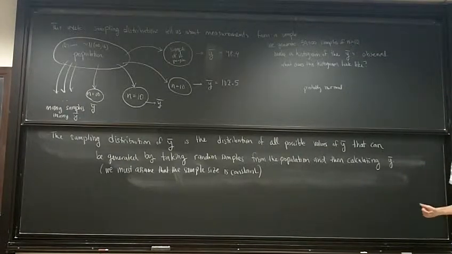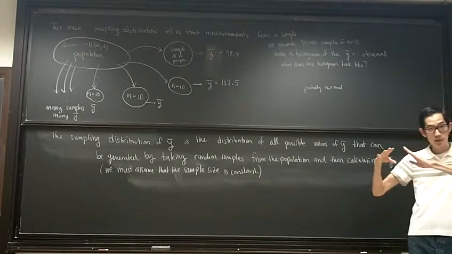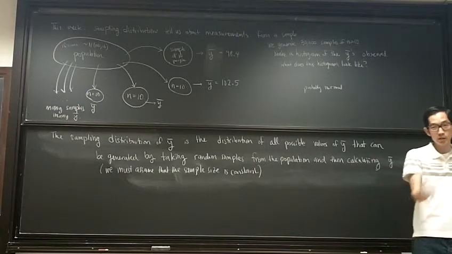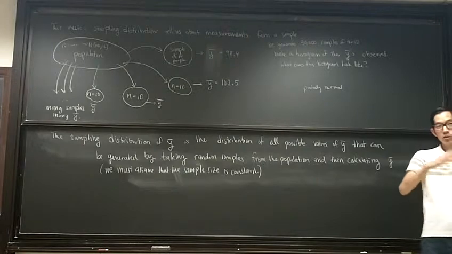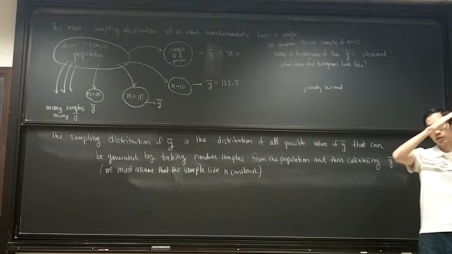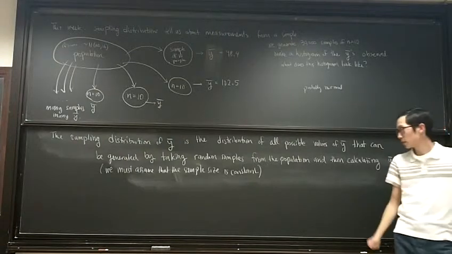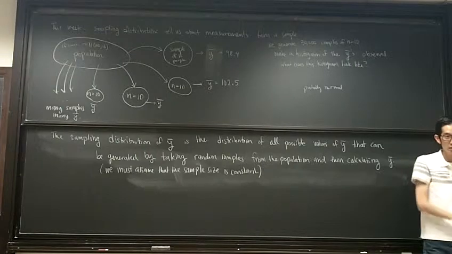So when I took samples of size 10, that creates one sampling distribution. When I took samples of size 2, that created an entirely different sampling distribution. The samples of size 2 generated one that looked kind of like a triangle or a pyramid, whereas the samples of size 10 created one that looked like the normal distribution.